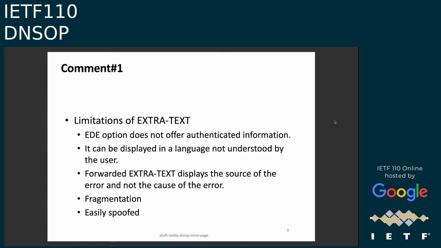So it's essentially not practical for what we want to do. The idea is that we give a URI, which can then have a web page, which is easily renderable by a user's browser, and can actually display useful information, potentially in multiple languages. So that's why extra text isn't suitable for this.